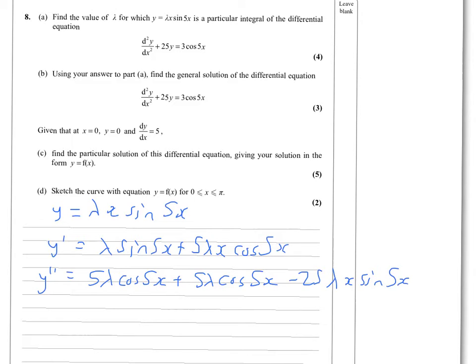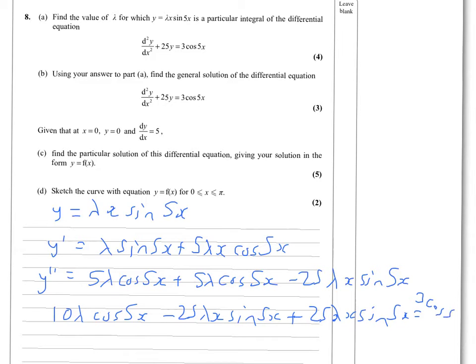Now substituting in, we get 10 lambda cosine 5x minus 25 lambda x sine 5x plus 25 lambda x sine 5x equals 3 cosine 5x.